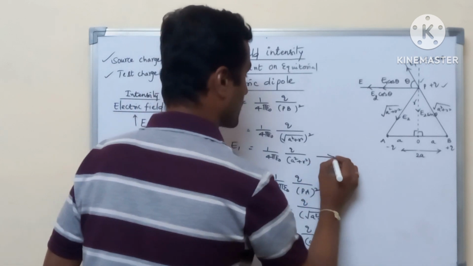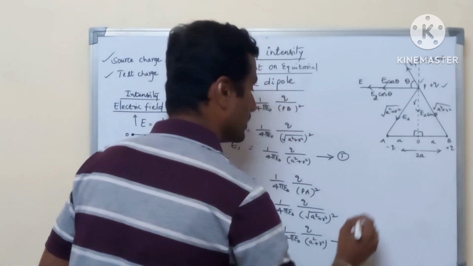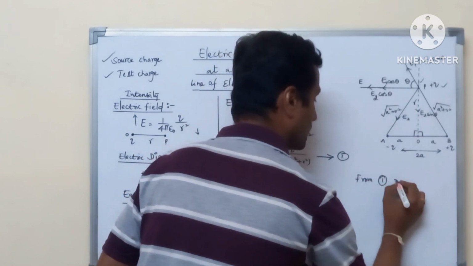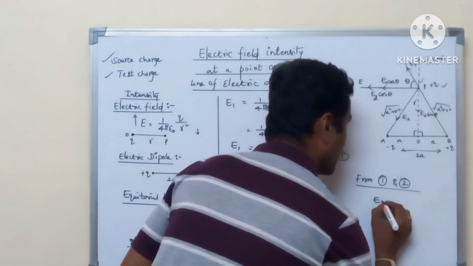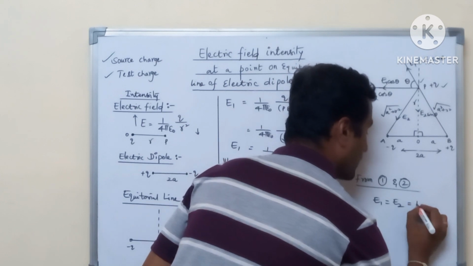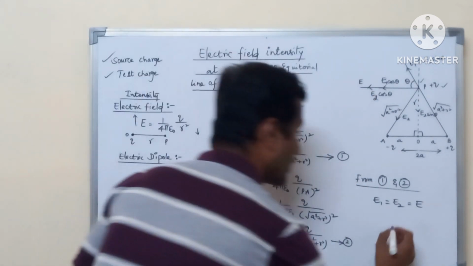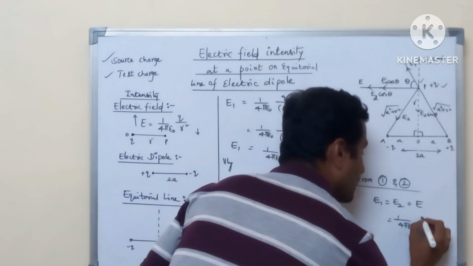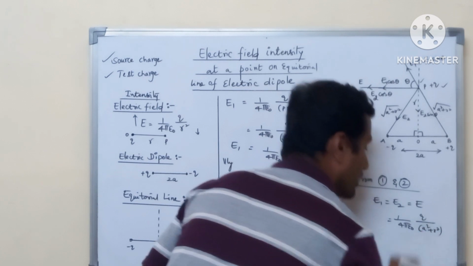This is equation number 1 and this is equation number 2. From 1 and 2, it is clear that E1 is equal to E2. Let us say it is equal to E, which is equal to 1 by 4 pi epsilon naught q divided by a square plus r square.